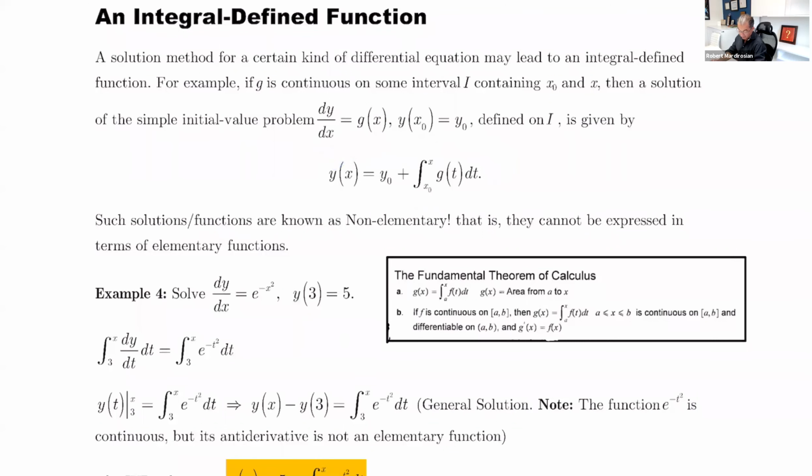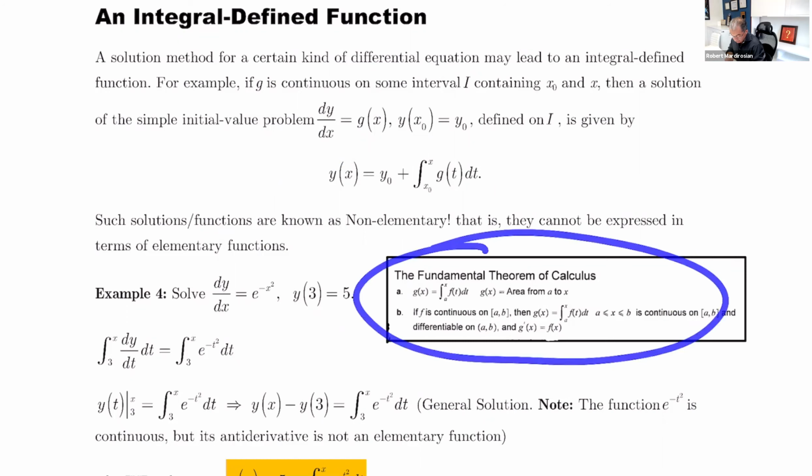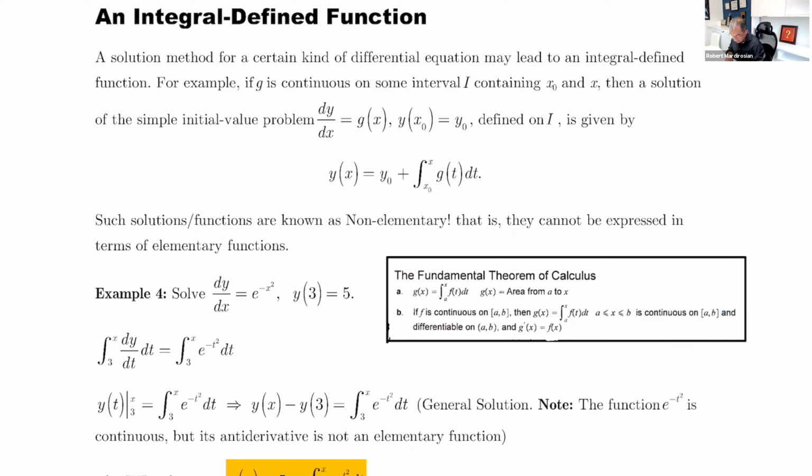Before I go over this example, I want to go over this little note here, the fundamental theorem of calculus. It says g of x can be written as an integral function, the integral going from a to x of f of t dt, and g of x is the area from a to x.